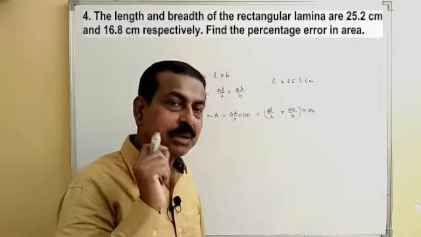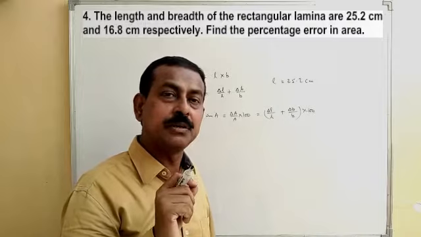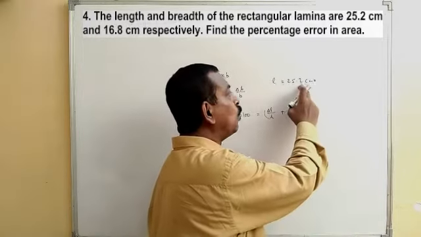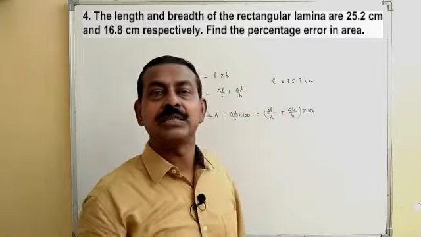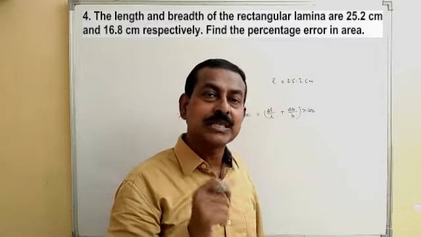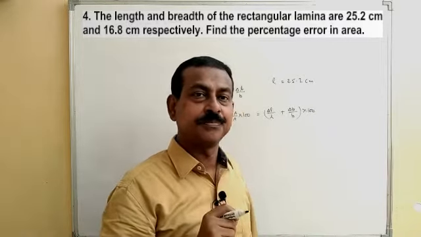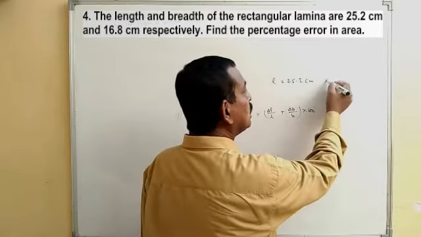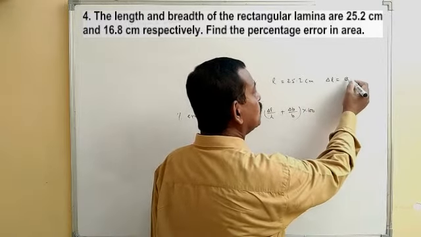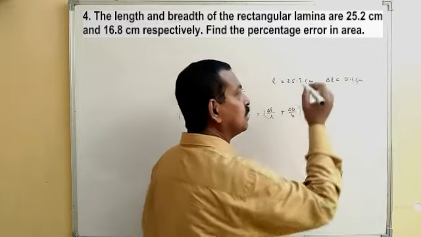So minimum measurement with that instrument will be 0.1 centimeter, and that will also indicate the maximum error in that. So that means this will give you the value of delta L as 0.1 centimeter.